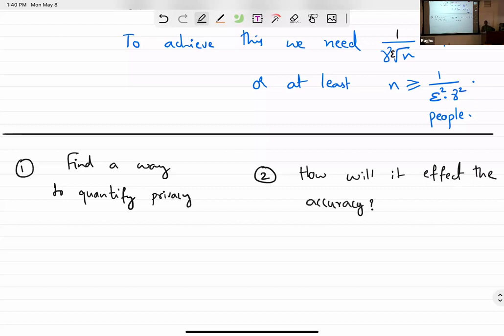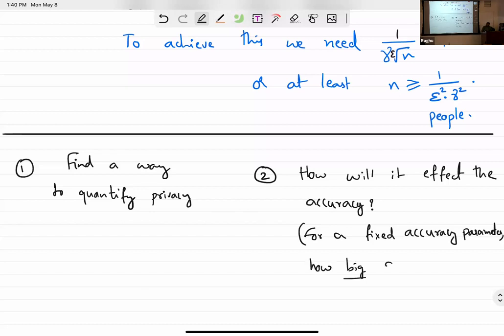But usually in the context of privacy, it's more useful to ask the flip question, which is, for a fixed accuracy parameter, statisticians prefer this variation, I fix the accuracy parameter epsilon.